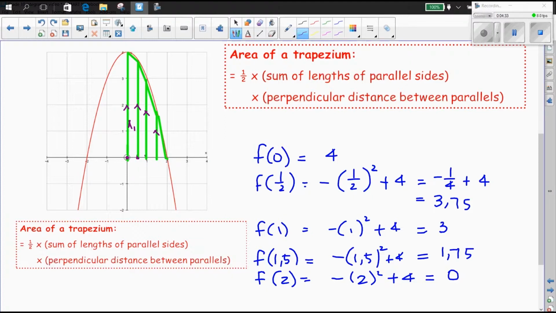Then I must multiply it by the perpendicular distance between the parallels, which is actually the width of your trapezium, and each time it is going to be half a unit.